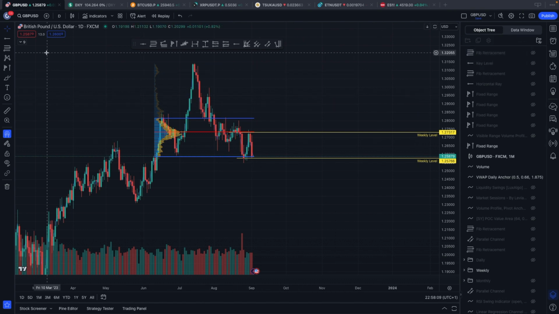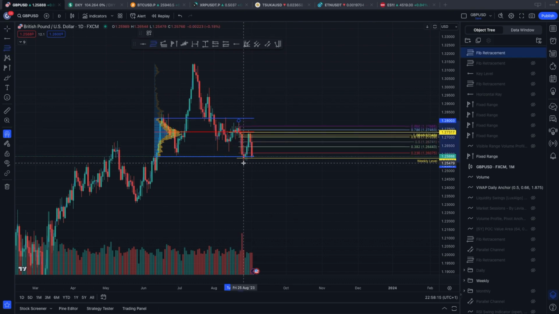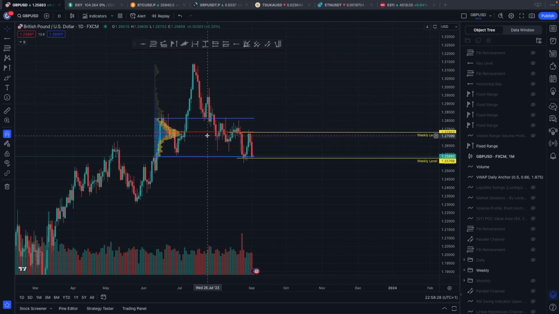So in day-wise terms, what can we do? Let's zoom in a little bit more. I guess that makes sense because this is where we come down from, so it could become more liquidity. But we've got 1, 2, 3, 4, 5.